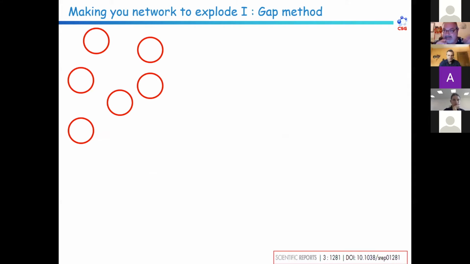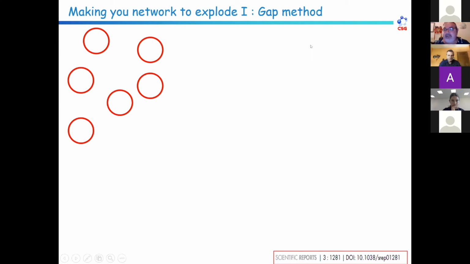One is the frequency distribution, one is the network. So let's fix one of the two ingredients: the frequency distribution. And let us demonstrate that once you fix the frequency distribution, you can always construct a network which makes the synchronization transition explosive.